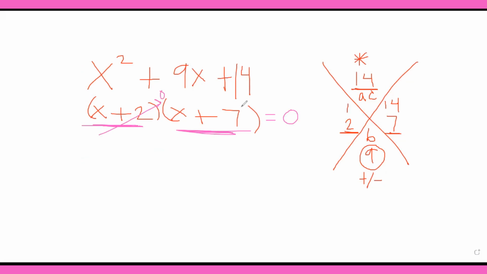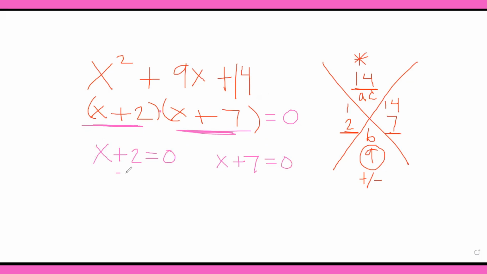Another option would be if this portion is 0, that whole thing would be 0, because this is being multiplied, and 0 times anything is still 0. So that's why we call these the zeros, or the solutions, or the roots, or the factors if we're leaving them in this form. But again, the zeros, or solving for x, would be when we set each one equal to 0.